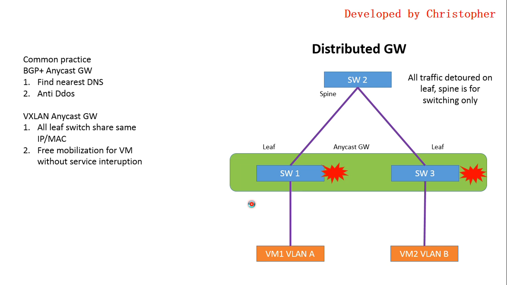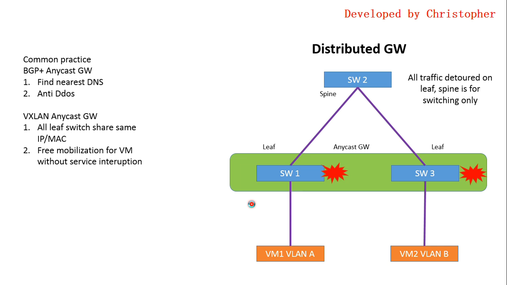So from one point of view, Anycast combines the features of unicast and multicast. Traditionally, the common practice for Anycast is BGP plus Anycast Gateway to find the nearest DNS or do some anti-DDoS. It's quite easy to understand.